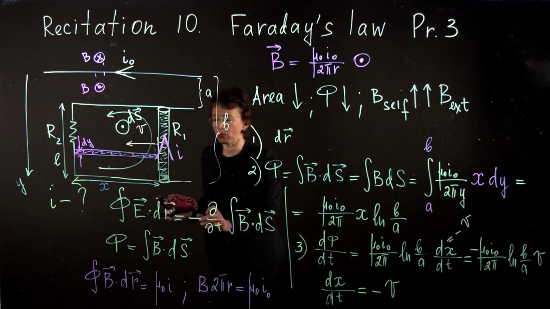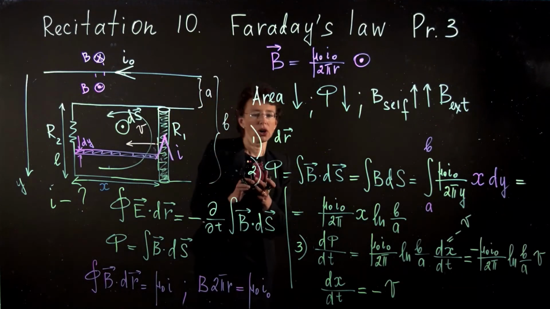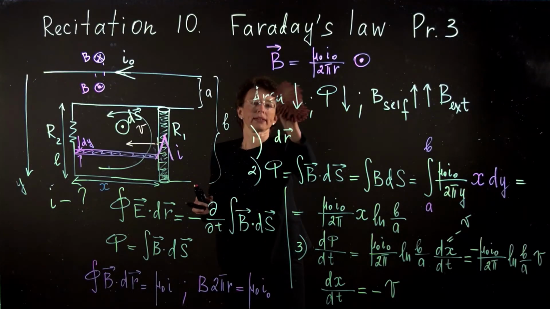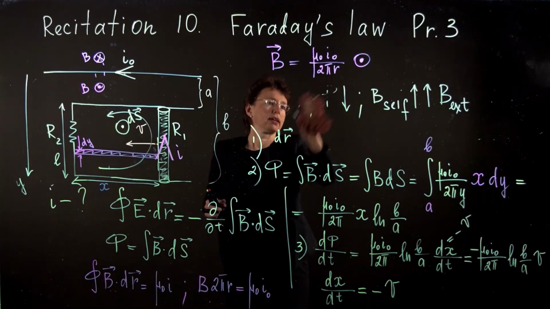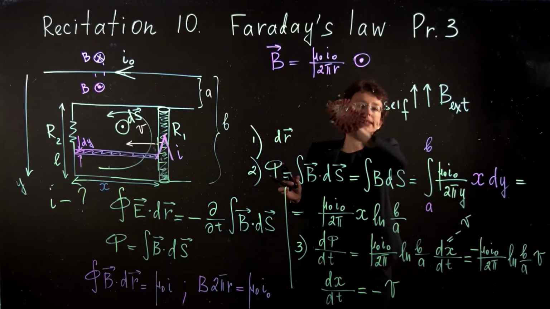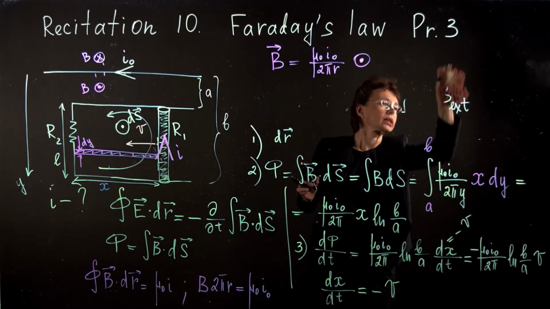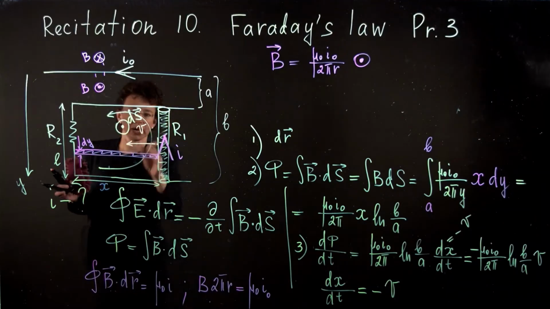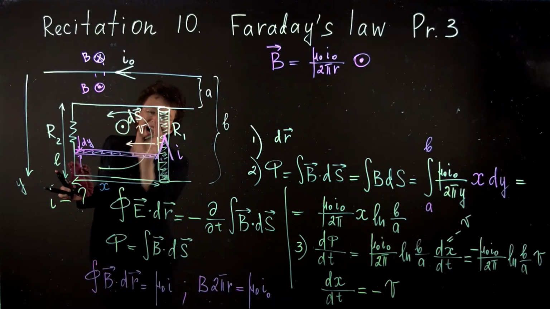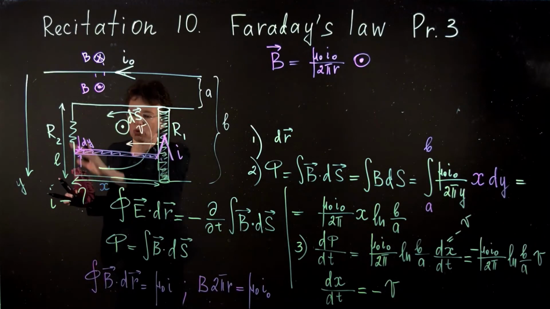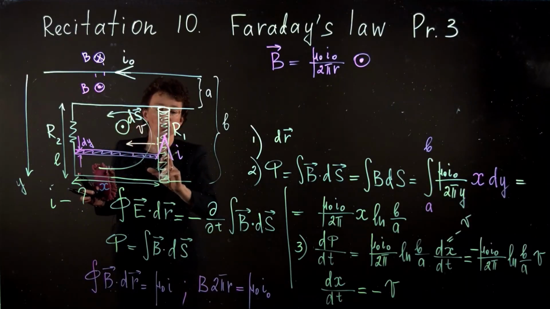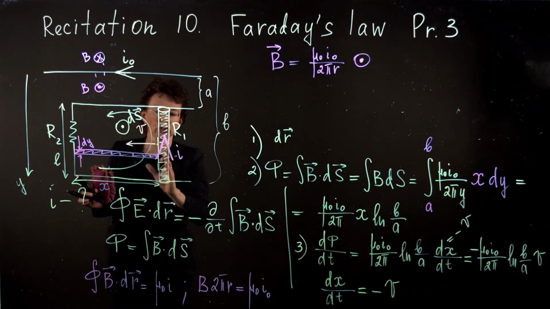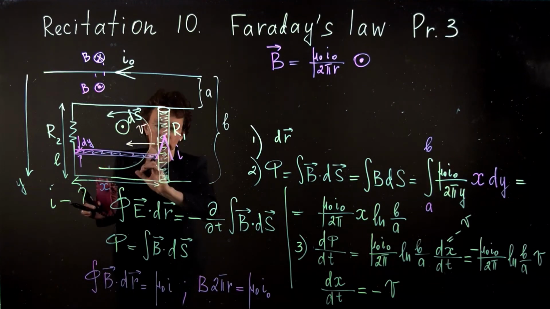All we need to do now, we need to write the left-hand side of Faraday's law and bring everything together. So I erase this, and we move to our last step. What is integral E dot dr? I go around the loop in counterclockwise direction. Current is also in counterclockwise direction. So J is in counterclockwise direction. E, electric field, which is rho J, is in counterclockwise direction.